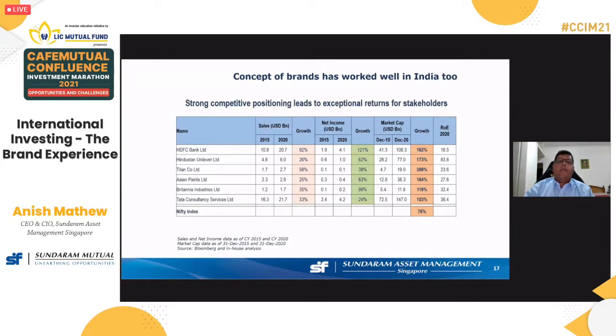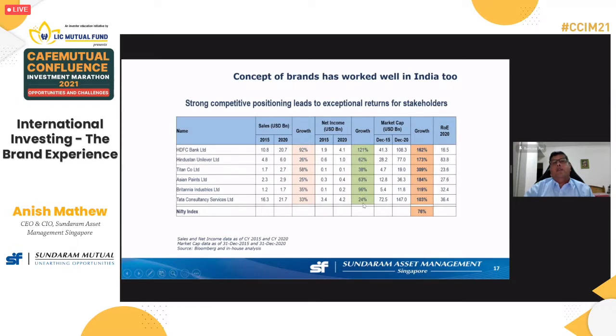Now, this concept of brands does not work only in international markets. It has worked very well in India too. If you look at some of the leading brands, I've listed six brands here, you can see how they have performed between 2015 and 2020, again 2020 being a washout year because of COVID. You can see that growth has been very strong and consistent.